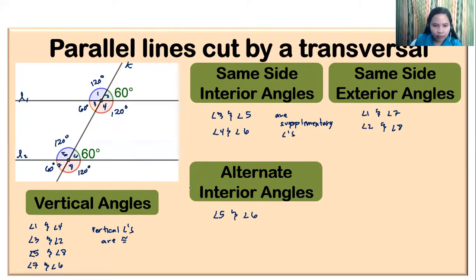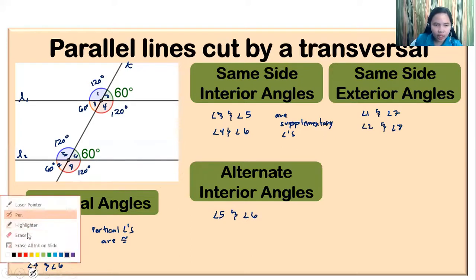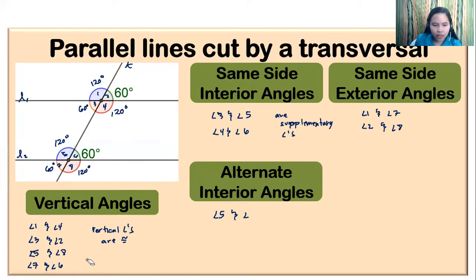They are non-adjacent angles, class. So we have angle 5 and angle 4, then angle 3 and angle 6. Alternate interior angles are non-adjacent, hindi magkatabi.